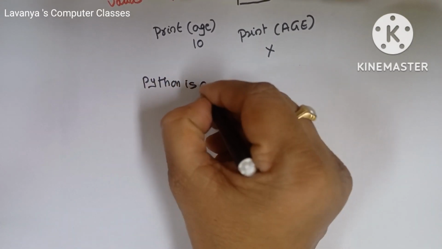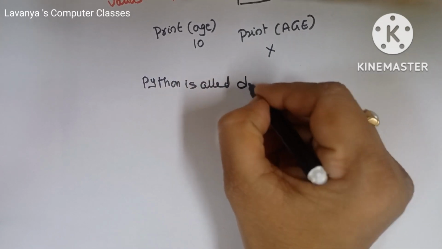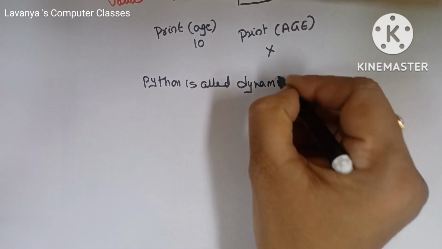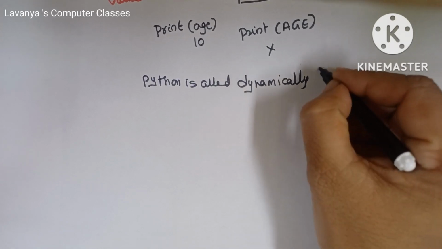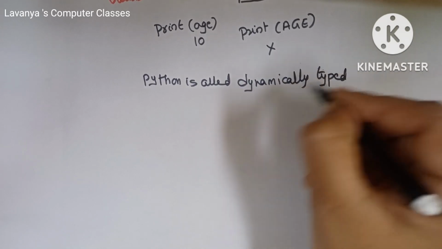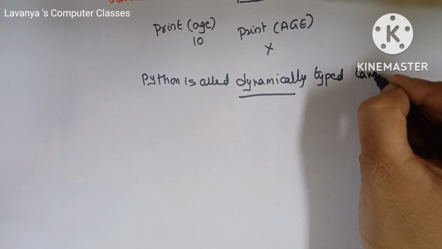Python is called a dynamically typed language. So what is the meaning of dynamically?